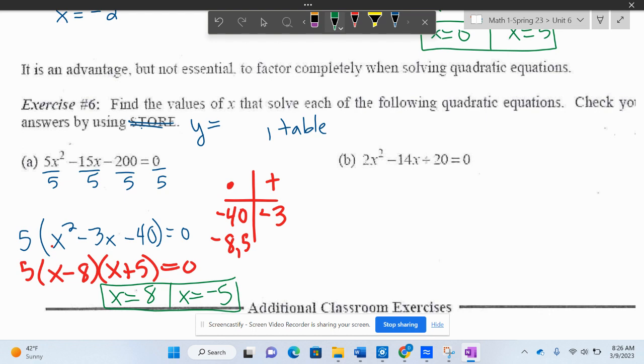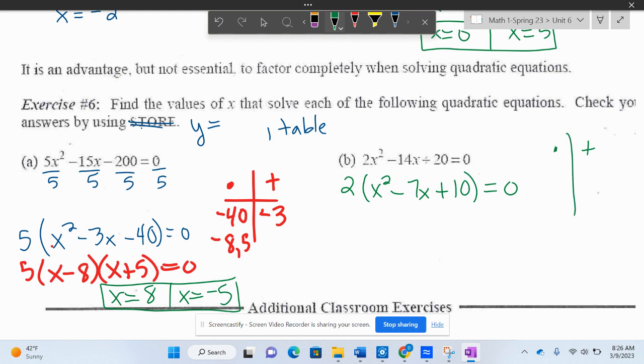Okay. What do you think about that next equation? What can I do? Is there a GCF? What is it? A 2. When I take a 2 out of everything, I'm left with x squared minus 7x plus 10. Okay. So how does that factor out?